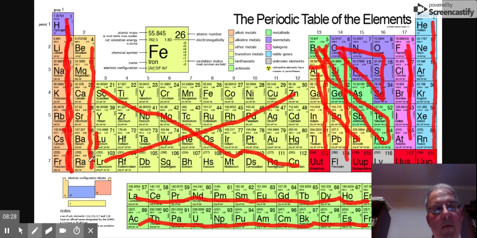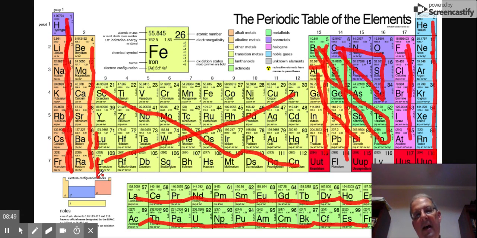And radium is 88, and lawrencium is 103. So we sneak in actinium, thorium, uranium, neptunium. We sneak those in between there.